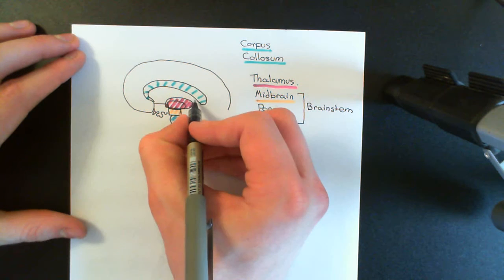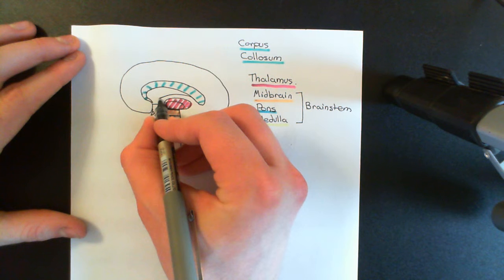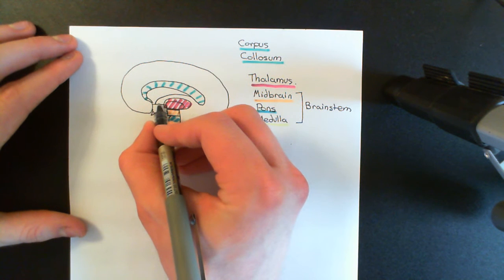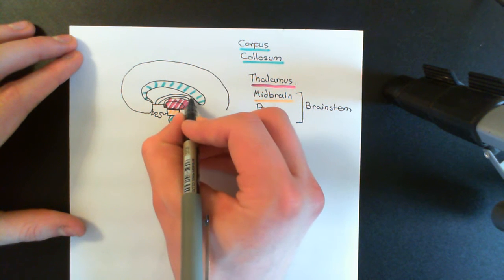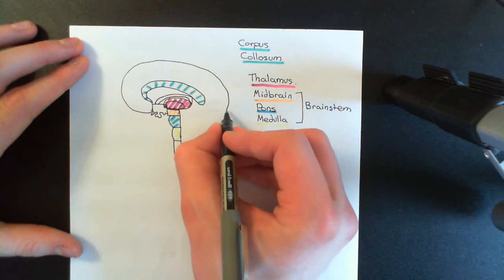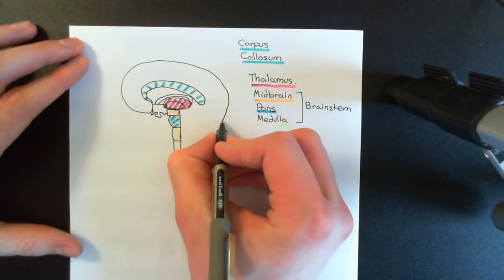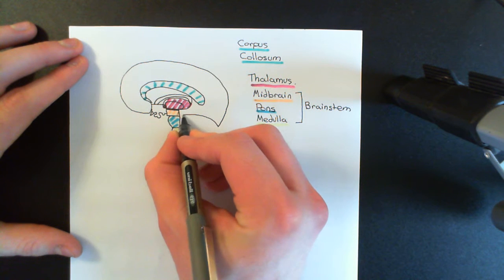Then to add another structure in here, you'll have the fornix coming up and coming down like this. Okay, so here's the fornix going around like that. And let's finish the cerebral cortex at this side. So it will come down like so, and then come up here.